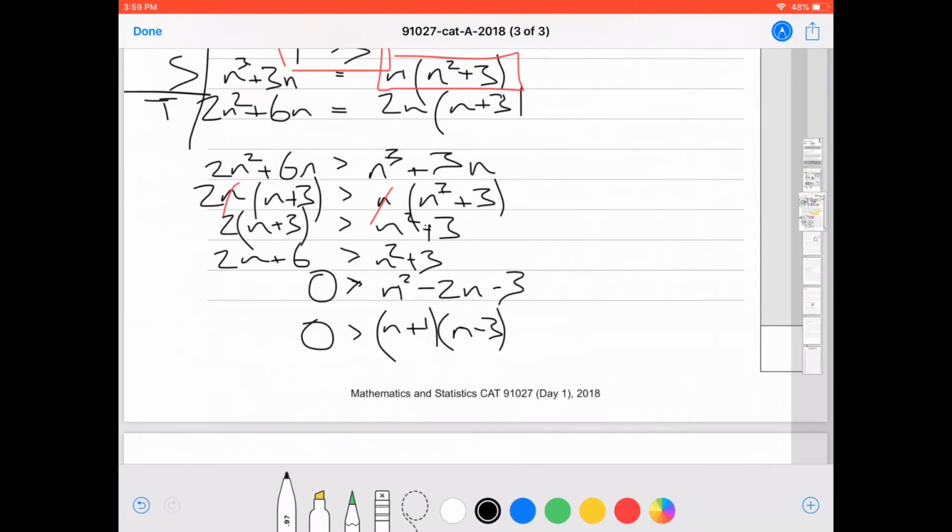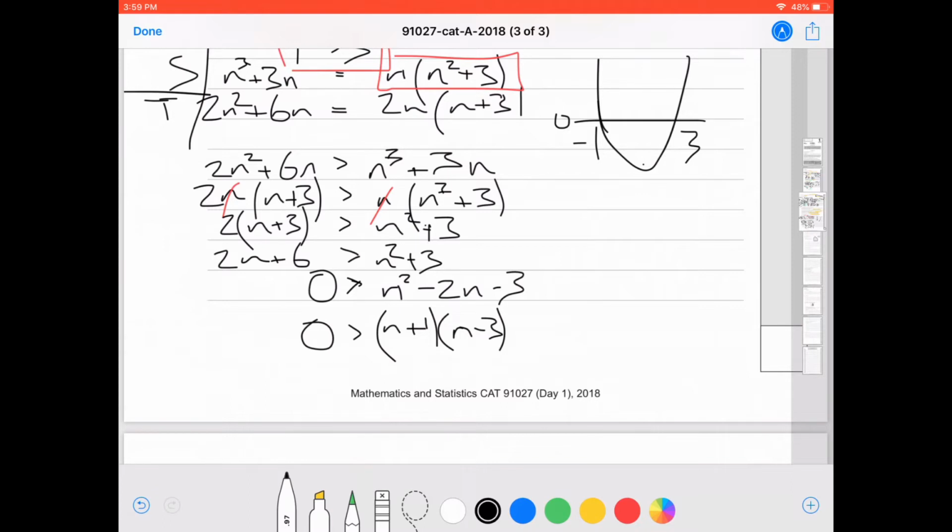The first thing to do is actually graph this. So we've got a parabola here, it's an n squared. We've got our two solutions: because it was n plus 1, our solution would be minus 1, and n minus 3 equals 0 becomes positive 3 as a solution. And we're saying, when is this less than 0? So this line represents 0.